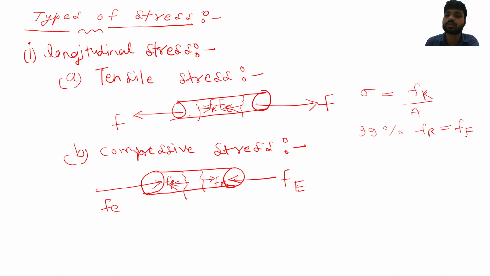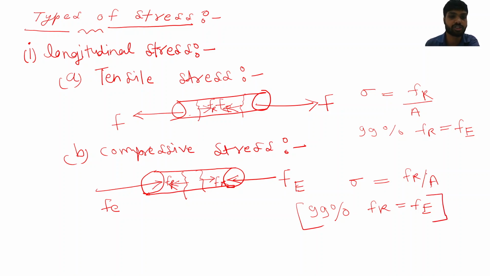So we can write it like this, and in this case also sigma is equal to Fr by A, where Fr is equal to Fe in 99% of the cases.